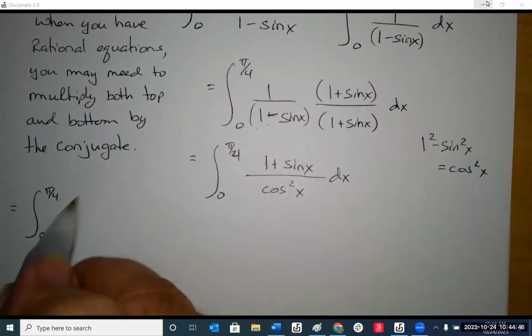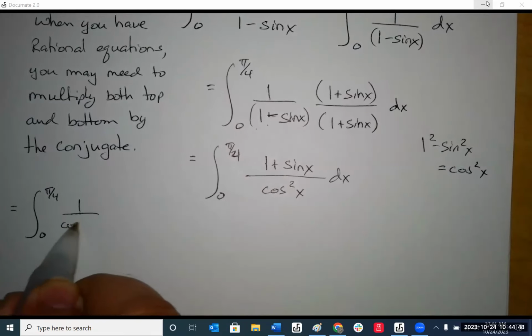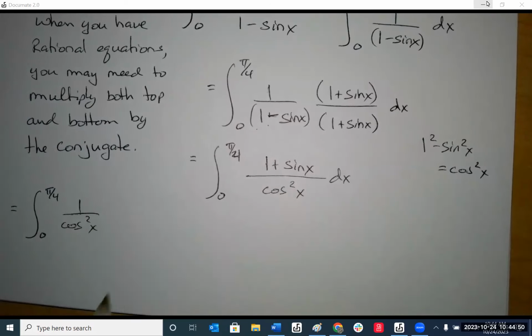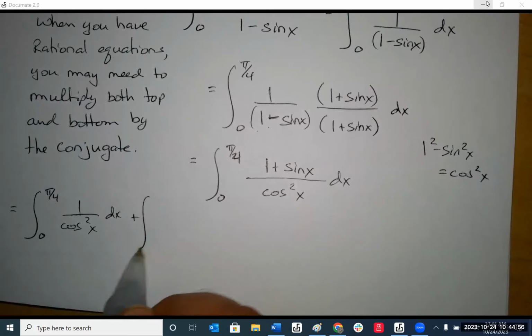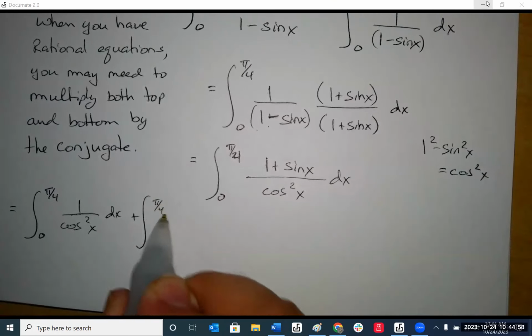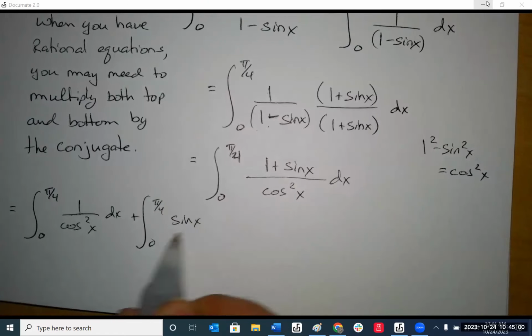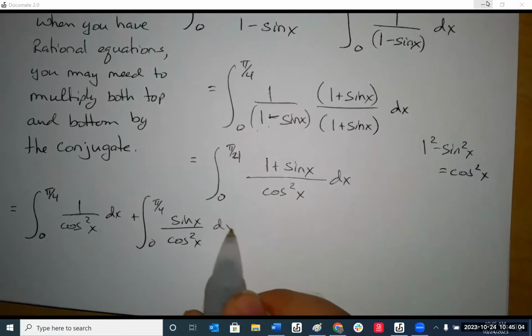So we have 1 over cosine squared x dx plus sine x over cosine squared x dx.